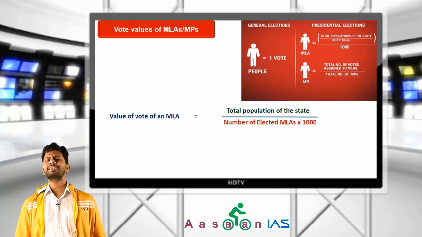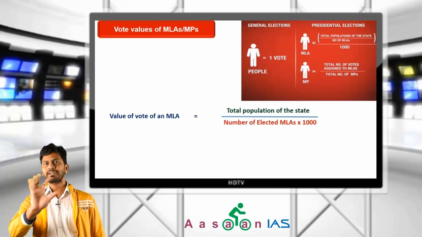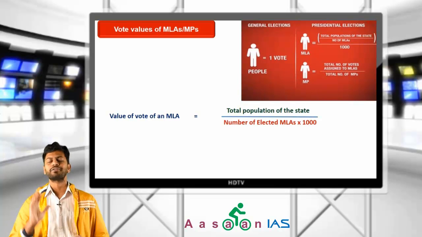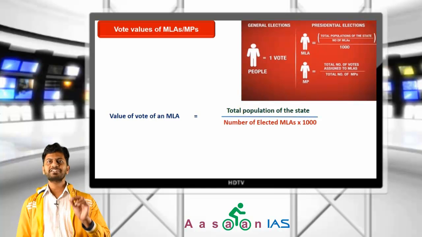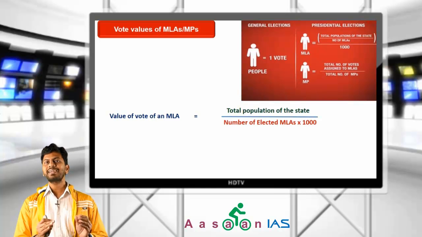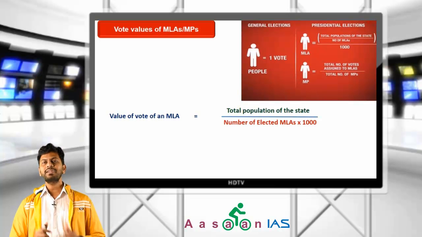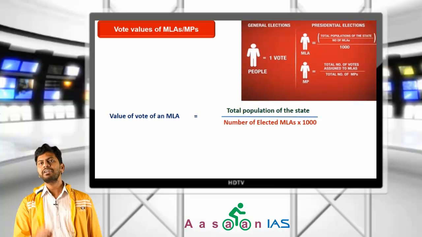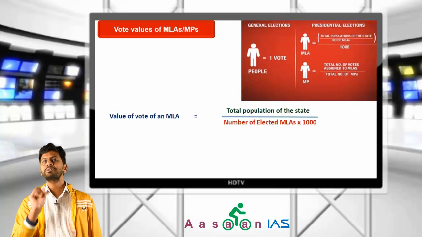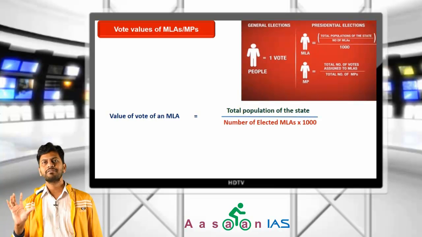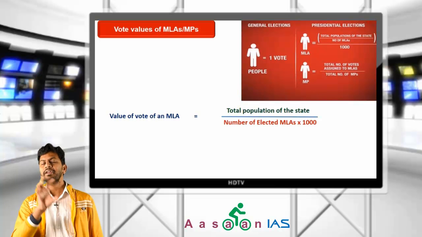Suppose there is a state, let us say Punjab. There is a population of 1 crore. I'm just assuming this, it's not correct. Suppose a state has a population of 1 crore and 100 elected MLAs. Getting me? That means on an average, each MLA is representing how much population? 1 crore population for 100 MLAs.